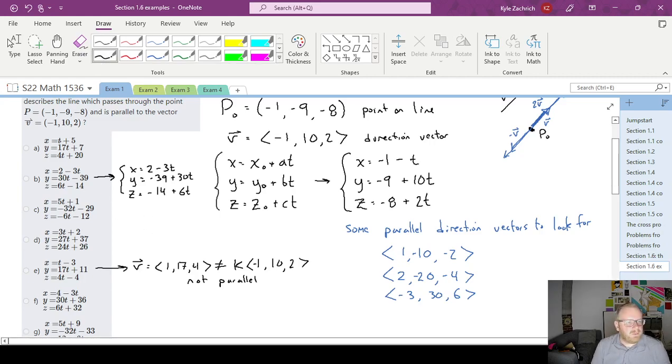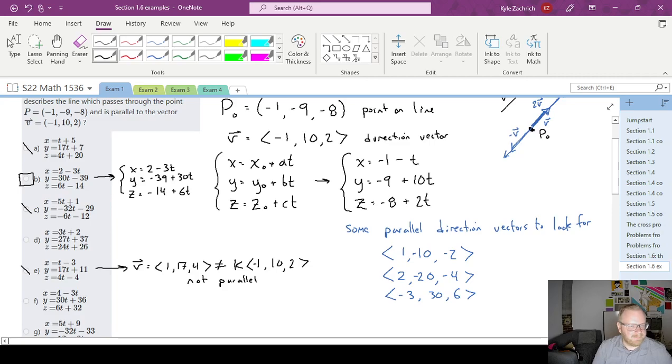This first one, 1, 17, 4. Nope. Negative 3, 36. Potentially, right? This is good. 5, negative 32, negative 6. No, not quite. Right? 5 times that would be 50. So it can't be that one.